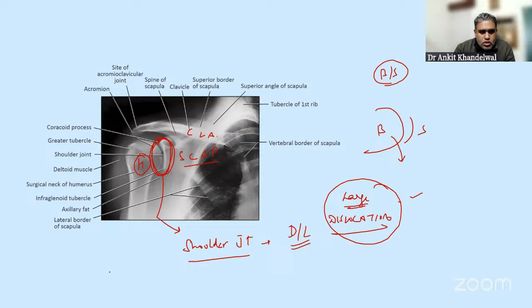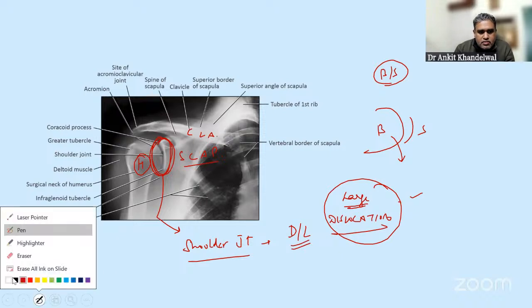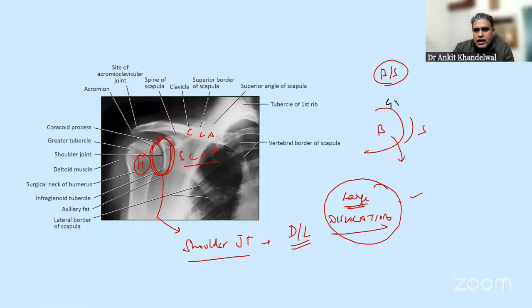Theoretically, let me tell you, the surface area of this ball is 4 times that of the socket. You can understand why it would slip around easily. Okay, just an image over here showing you all the important features. If you want, you can take a screenshot of this and look at all the labelings over here. That's important.